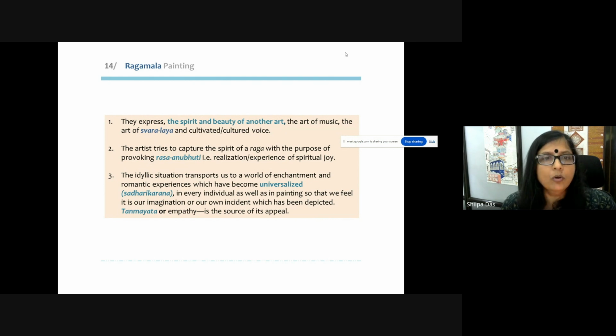It is as if we feel that this is our imagination that has come into the painting, which in Indian aesthetics is called tanmayata, empathy. You empathize with the character in the image so that you and the character become one. This is also called sadharikaran. You universalize or generalize that particular emotion.